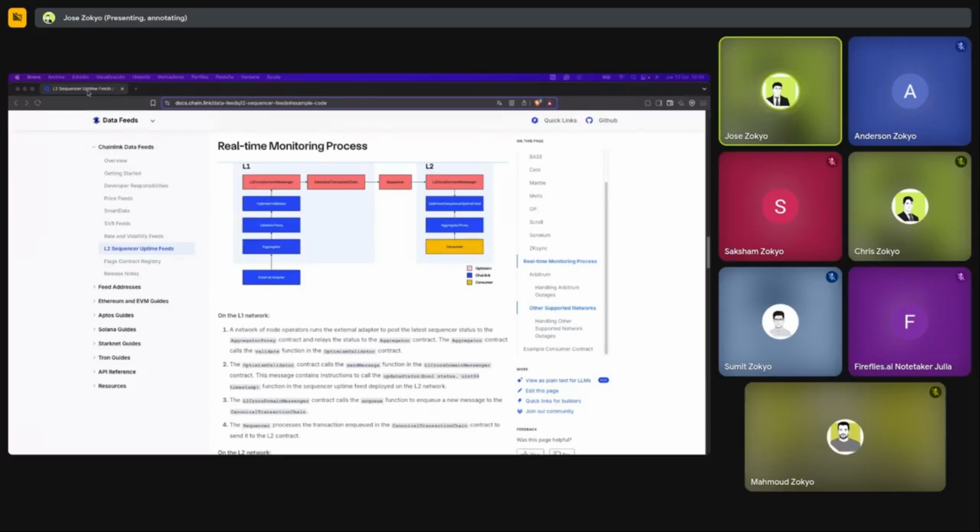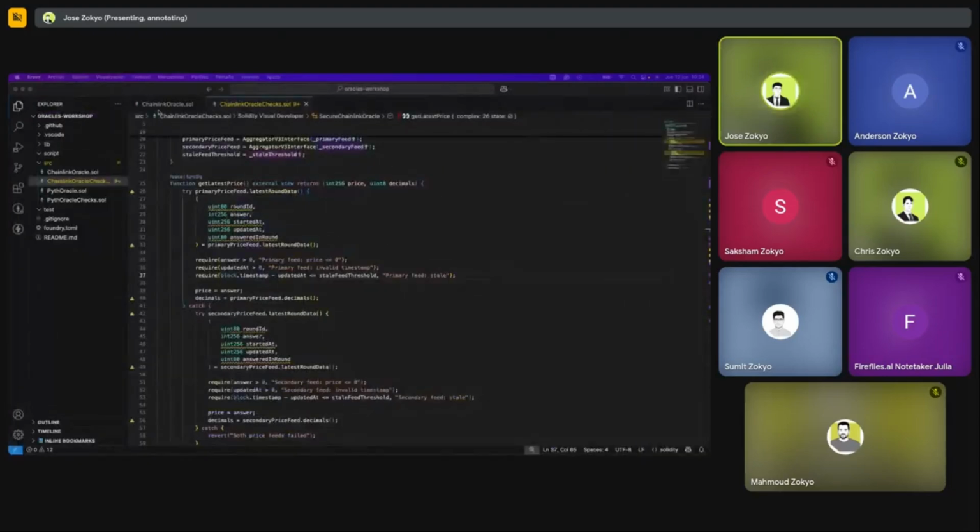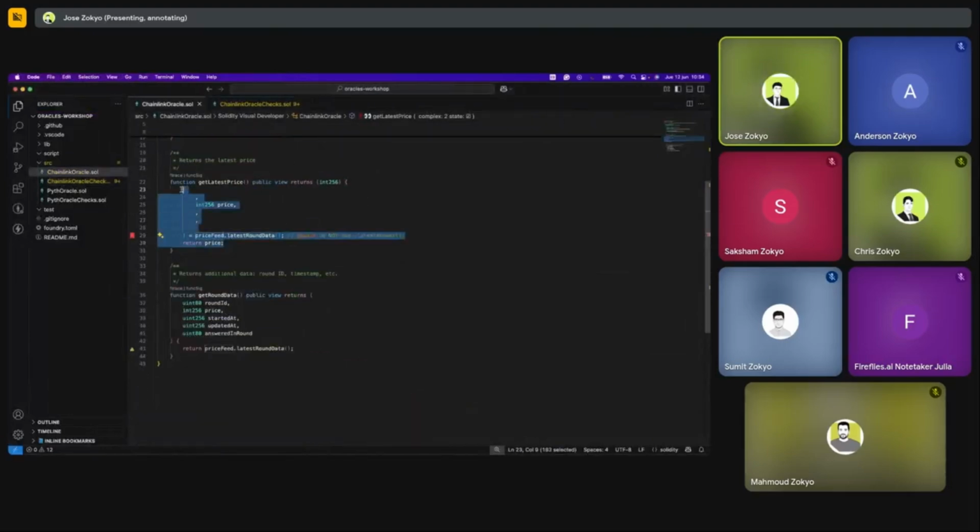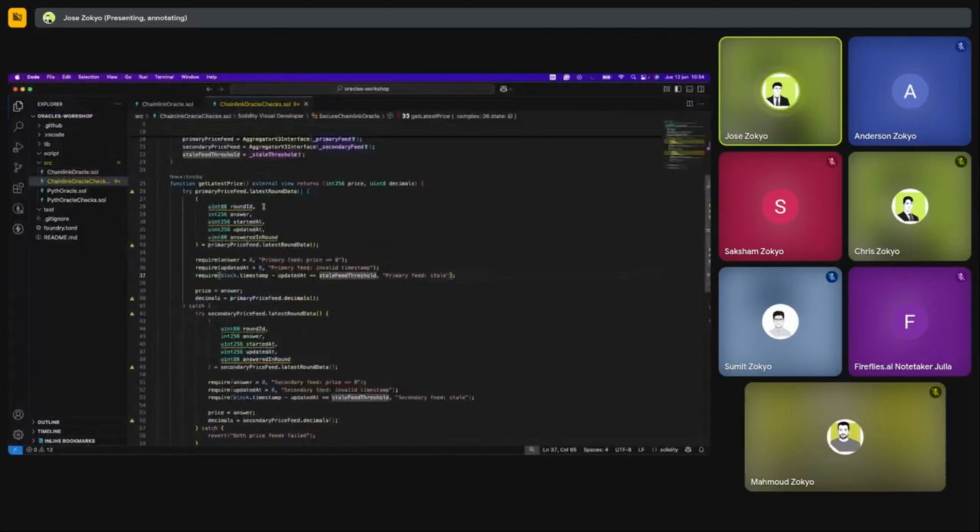And as I mentioned, I have seen a lot of protocols which maybe implement only one check, checking that the answer is not 0, but they are forgetting about this one, which is really important as well, because the answer could be not 0 but could be a really old answer, and that will result in a really important hack, because you will be using prices that do not represent the current price of an asset.